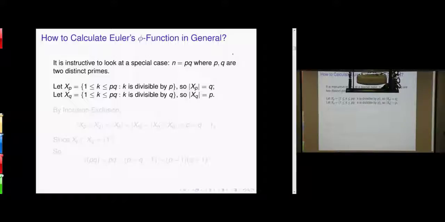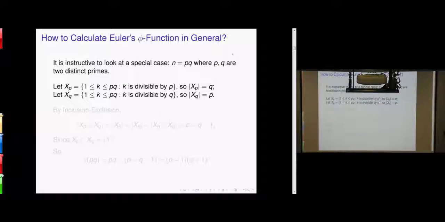We have to cross out all the numbers that have a common factor with n. We use inclusion-exclusion to calculate who we cancel out, and then we take the number n minus that number. We get phi of n.